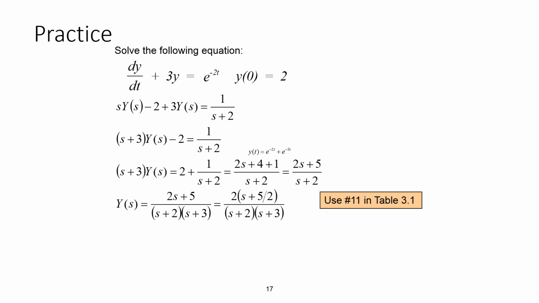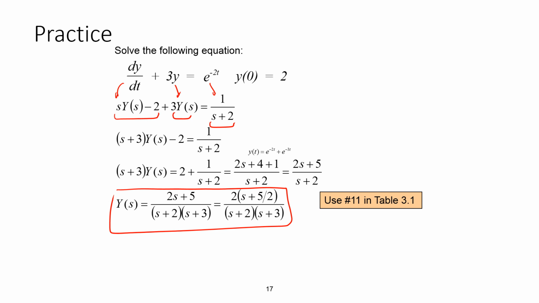Okay, here's the solution. This one is going to become that term, and this one becomes this term, and finally here this one. In this example we want to get y of s on one side of the equation. So here's our y of s right here, and then I'm going to use number 11 on table 3.1.